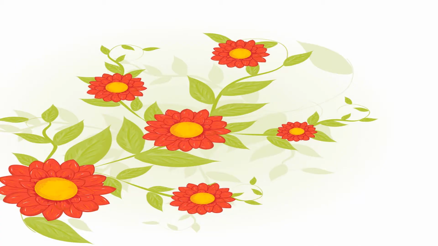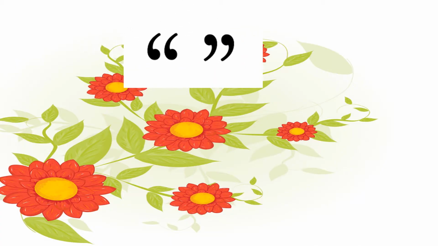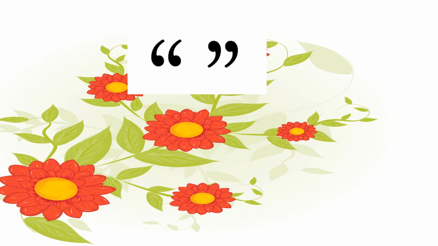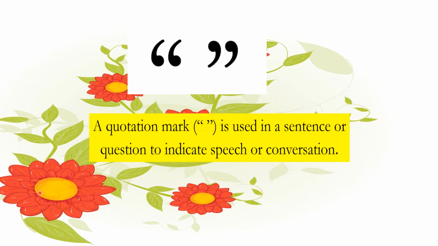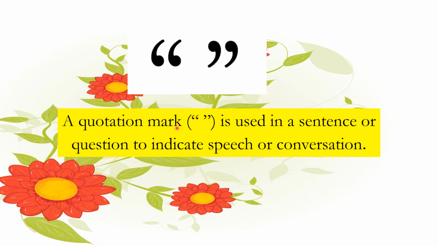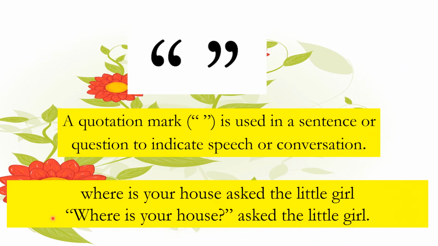Okay, the next one, some of you may not recognize this one. This is a quotation mark. The name is quotation mark, which is used in a sentence or question to indicate speech or conversation. So mostly when two or three persons are speaking, you use the quotation marks. Let's look at the example: "Where is your house?" asked the little girl.